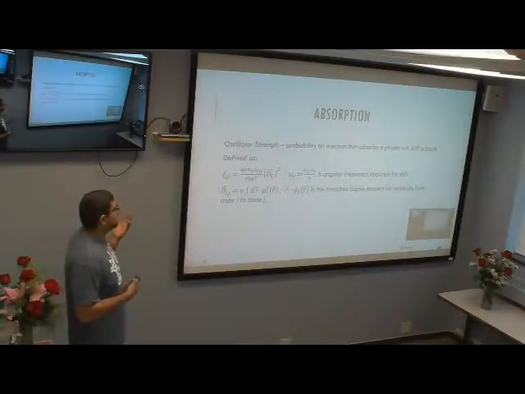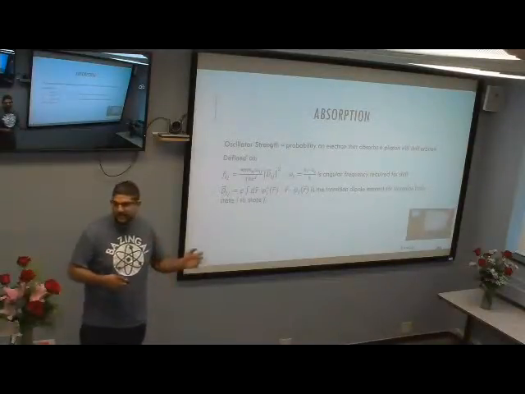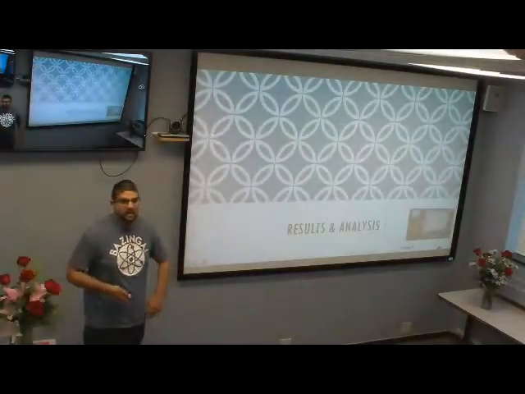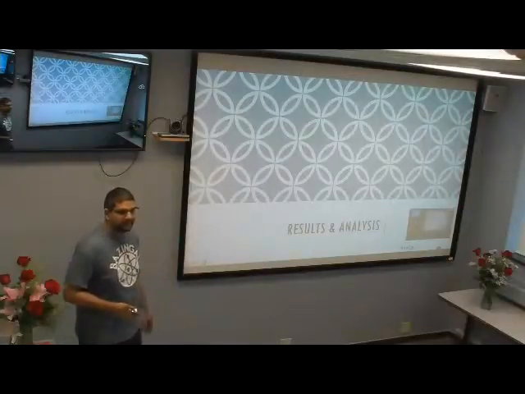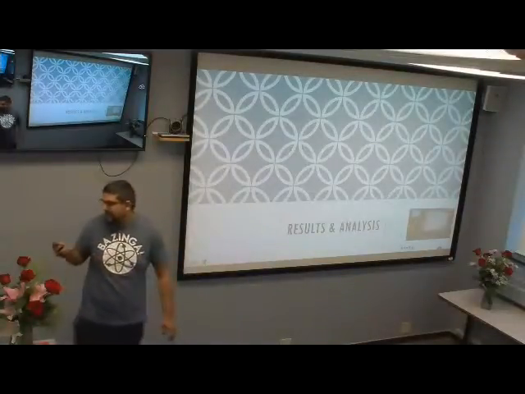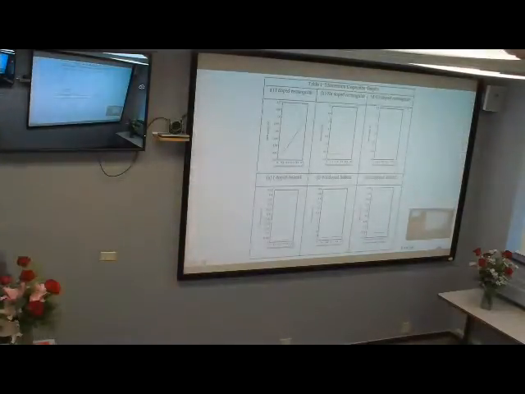Absorption is based on oscillator strength, which is defined as the probability that an electron that absorbs a photon will shift into other orbitals. These are all the relevant equations. Okay, now for the meat of my presentation, the results and analysis.